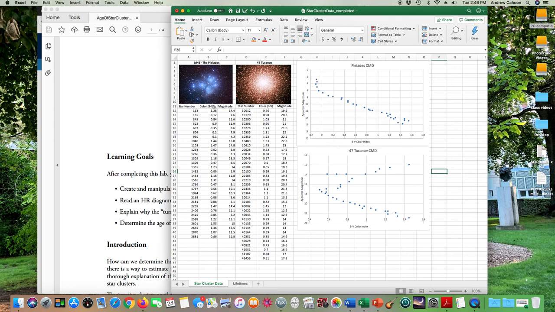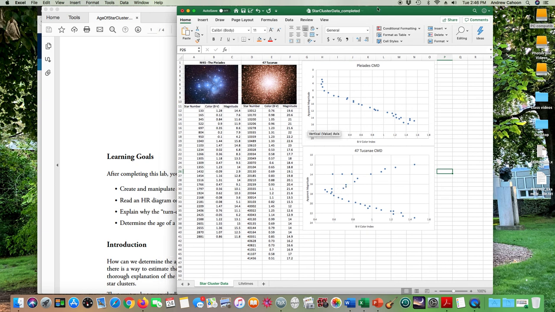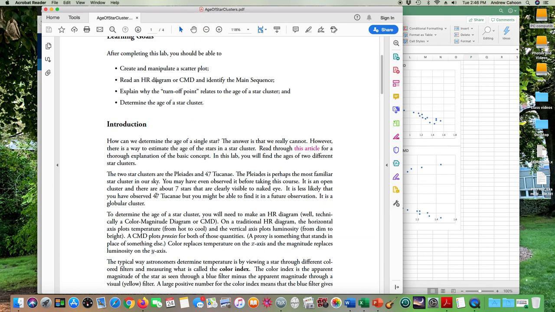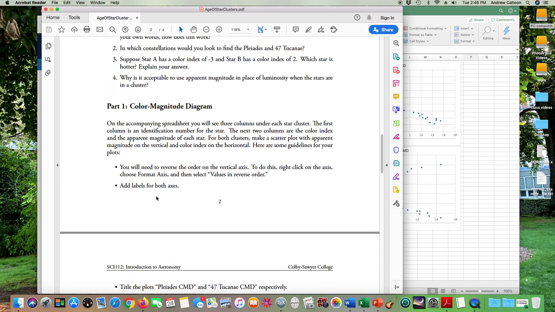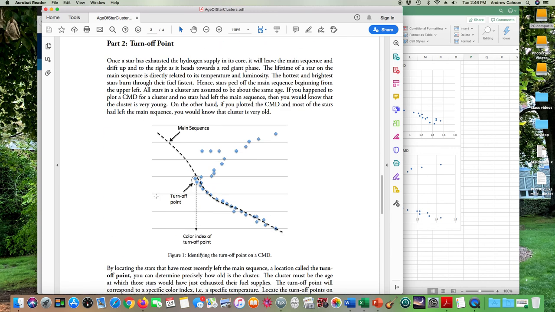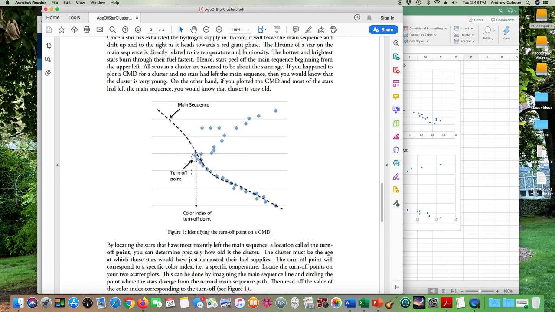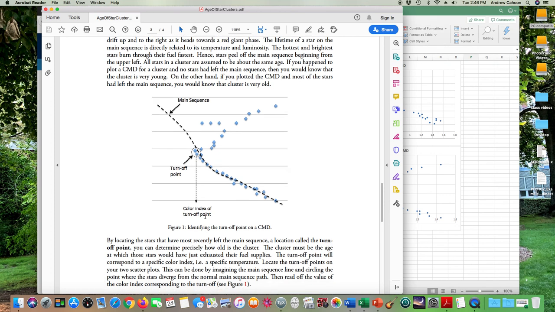Okay, so you're going to make the plots from the data here. You don't really have to do any calculations. It's fairly straightforward, creating these diagrams and then explaining what it means and interpreting it. The lab instructions should explain to you how to interpret them. The main idea here is the concept of a turn-off point, which is also discussed in the lecture notes. Where the stars turn off from the main sequence determines the age of the cluster.